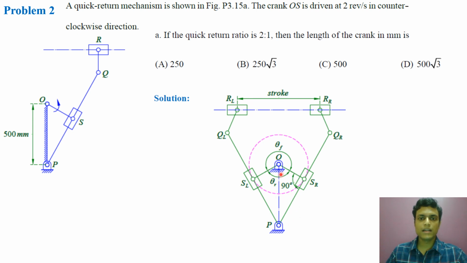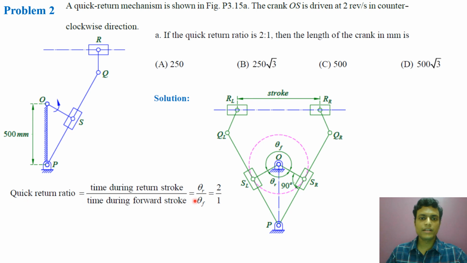Right now we know OP, and theta R by 2 can be determined from the quick return ratio. If quick return ratio is 2:1, then theta R by theta F is 2 by 1, and we know that theta R plus theta F is 360 degrees. Equating these two, theta R will be 120 and theta F will be 240.